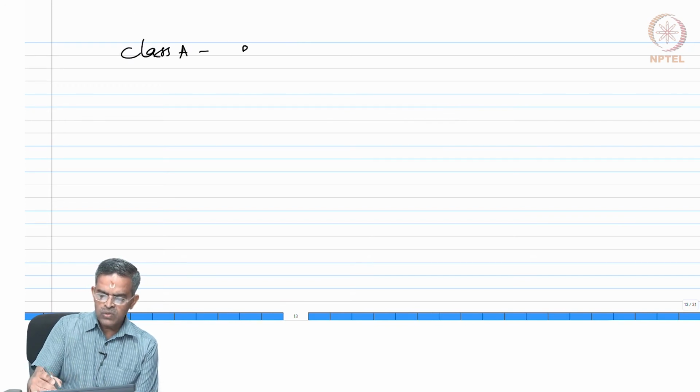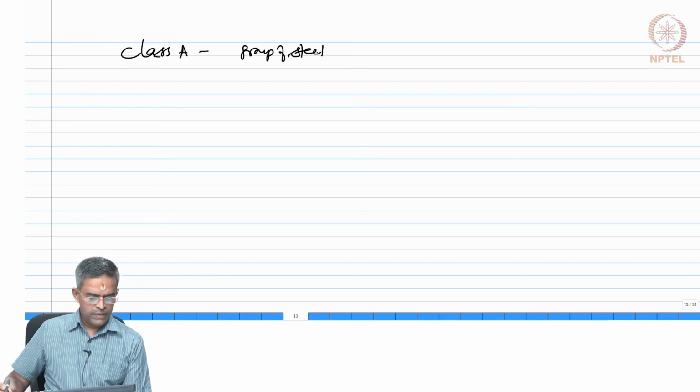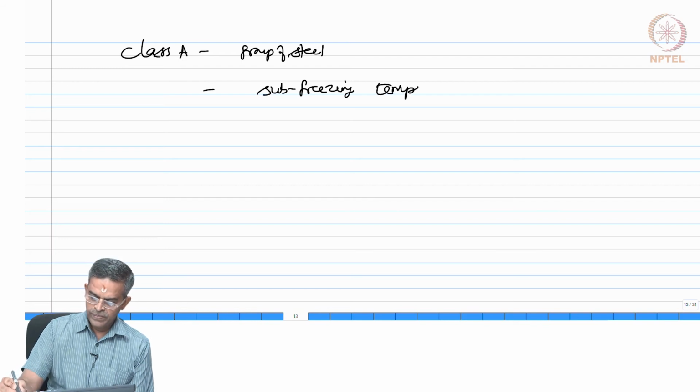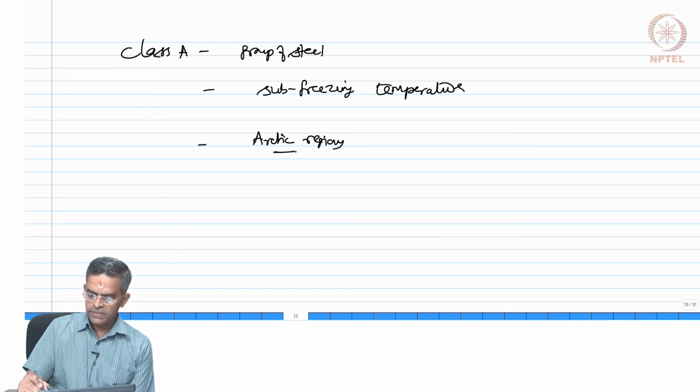Class A refers to a group of steel which is used in sub-freezing conditions. These are applicable to structures built in Arctic regions.